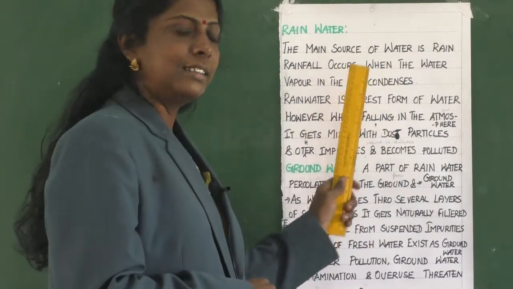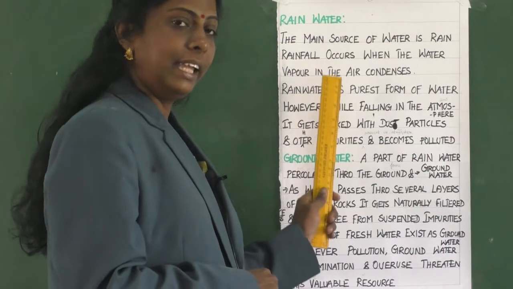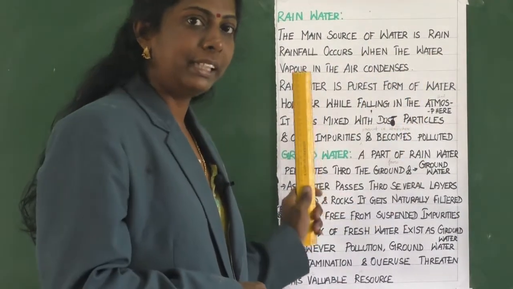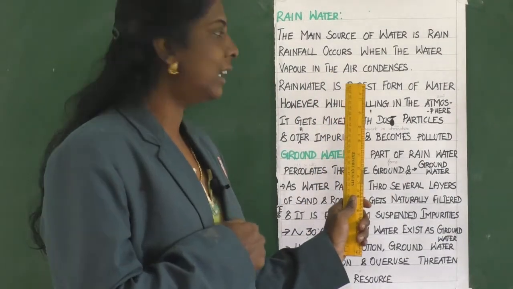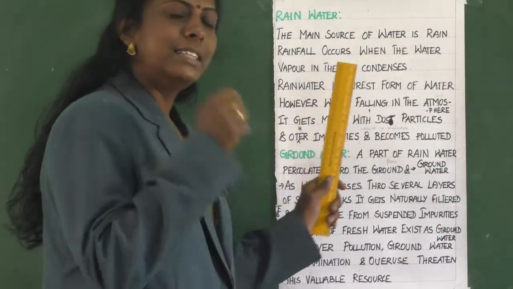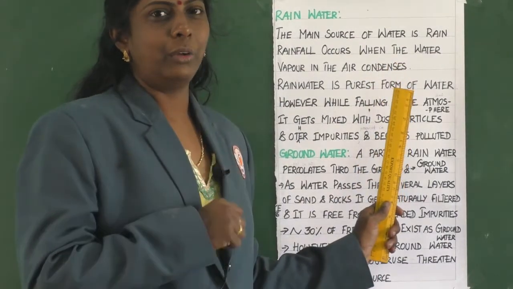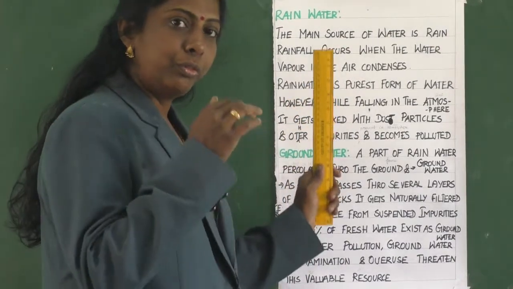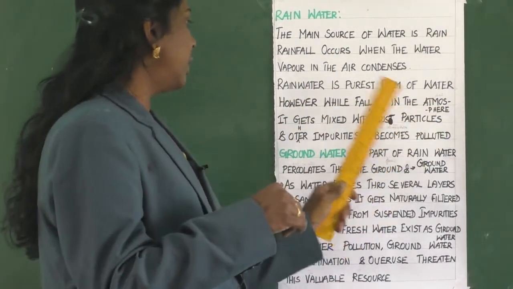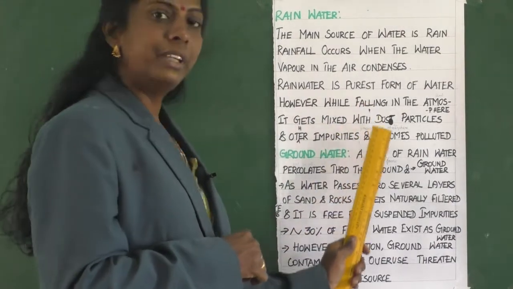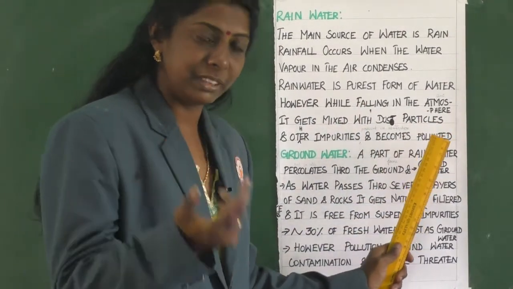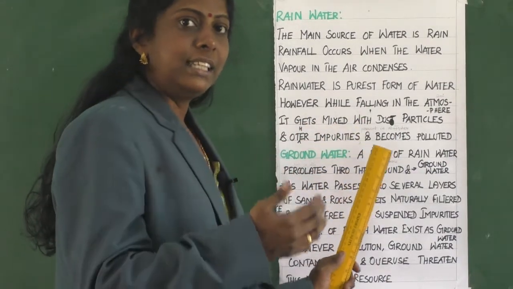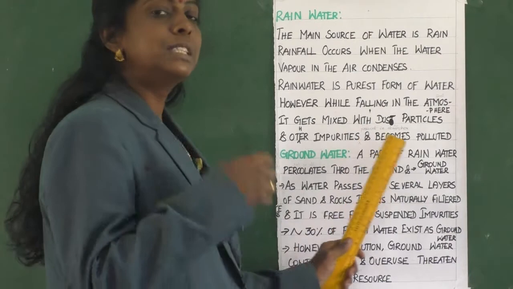Rainfall occurs when the water vapor in the air condenses. Clear? Then, rainwater is the purest form of water. However, while falling through the atmosphere, it gets mixed with dust particles and other impurities present in the atmosphere and becomes polluted.